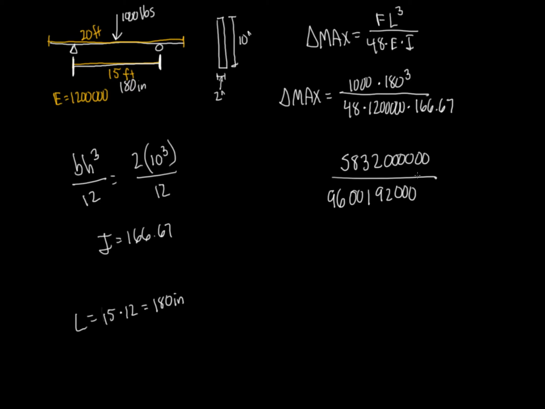We take those two numbers and divide them into each other, and we get a delta max of 0.607 inches.